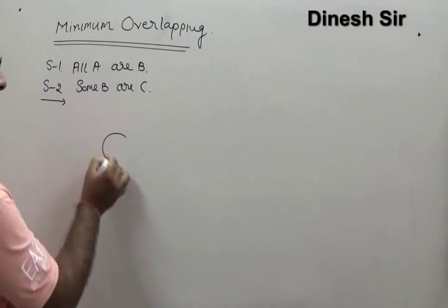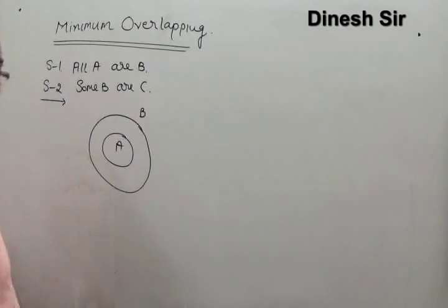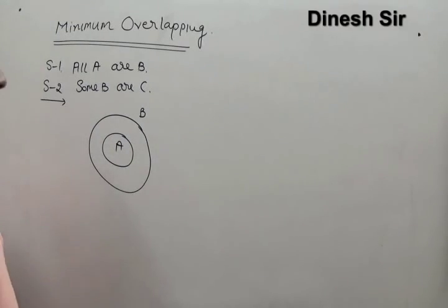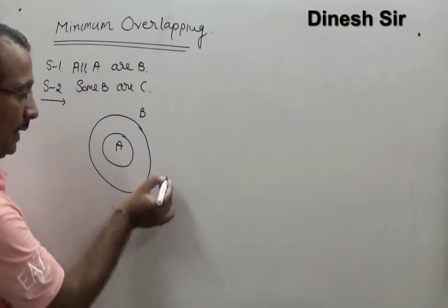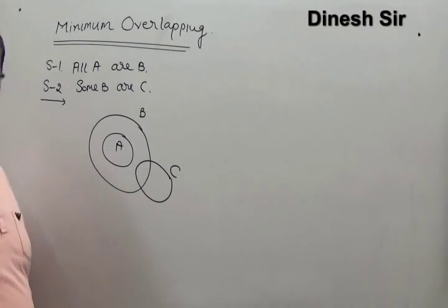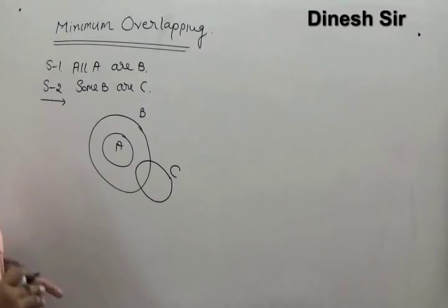All A are B, as per the principle, all A is a part of B. Then it is given that some B are C. Although I may make the circle for C bigger, for minimum overlapping I make the circle for C very small. I will not make an overlapping between C and A, because it cannot be definitely stated in the question. So by the principle of minimum overlapping, the optimum Venn diagram is this one, because it satisfies all the given conditions: all A are B and some B are C.